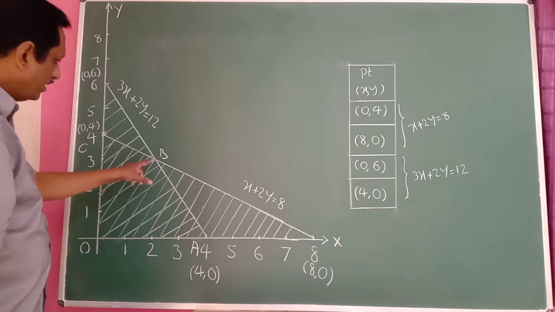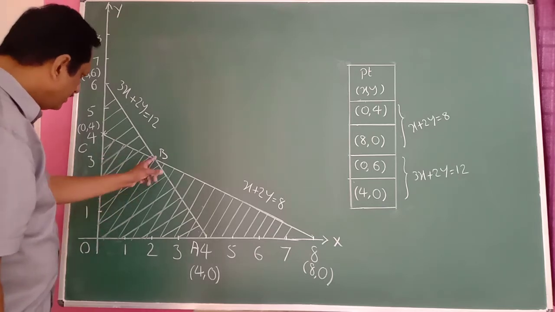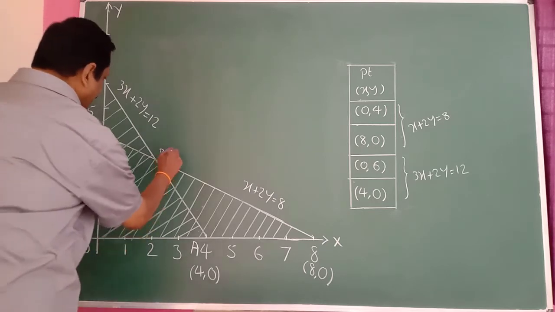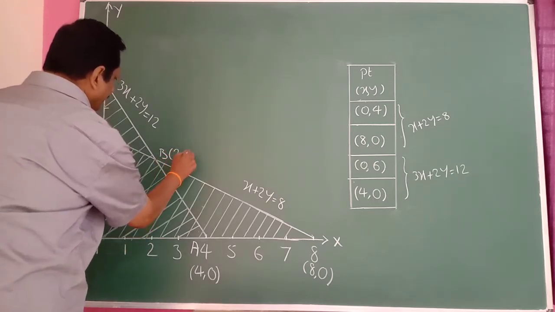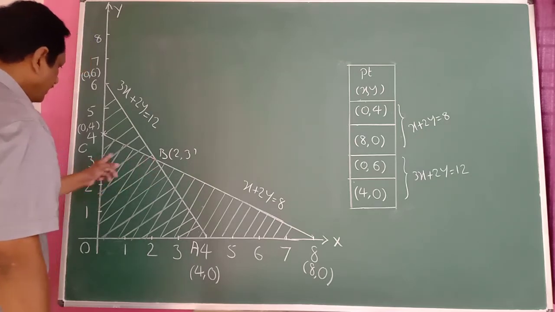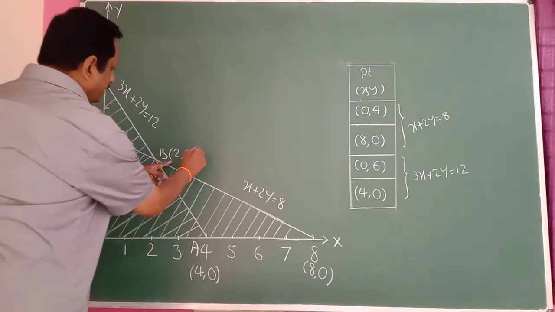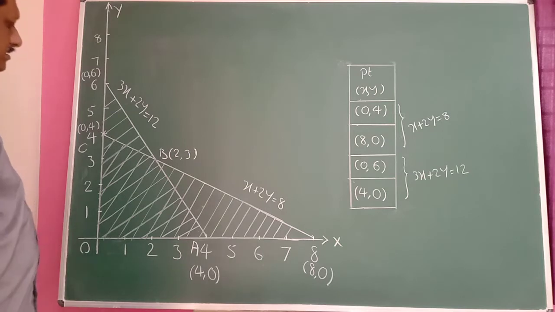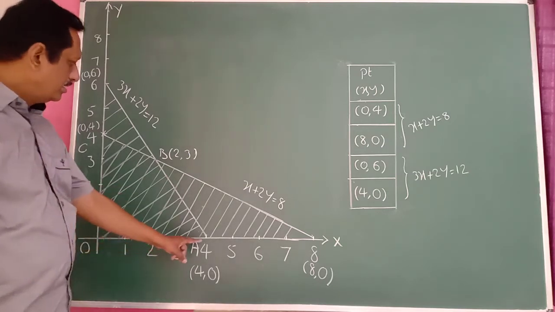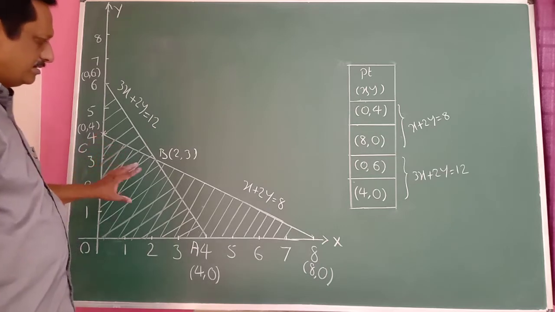Okay. And the coordinate of the point B from this diagram, x coordinate is 2 here, and y coordinate is 3. Therefore, 2, 3. So coordinate of point B is 2, 3. Therefore, corner points of feasible region are O, A, B, C. Okay.